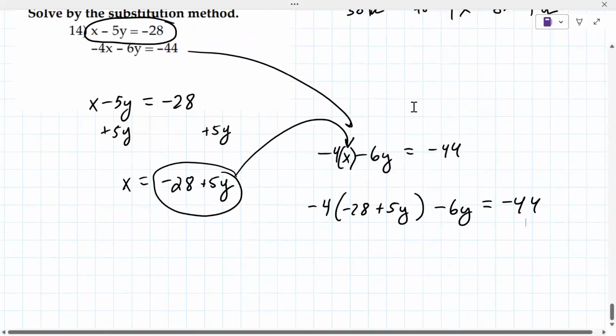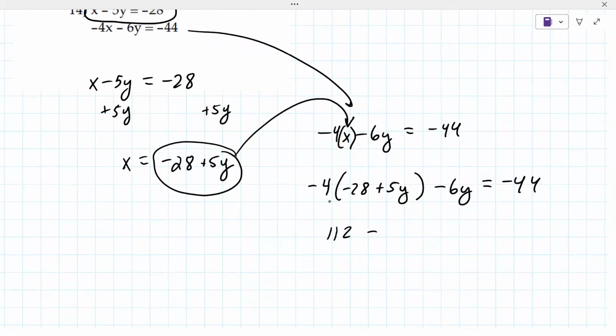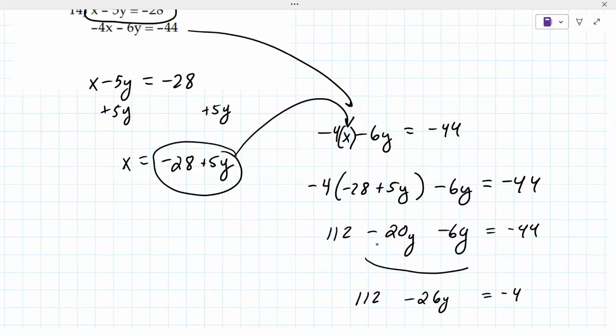So are you allowed to use a calculator on this? Yes. All right. The reason I ask is that sometimes these numbers can get a little large. This is 112 minus 20y minus 6y equals -44. So if you're ever unsure, grab a calculator. All right, then here you can combine like terms: 112 minus 26y equals -44.